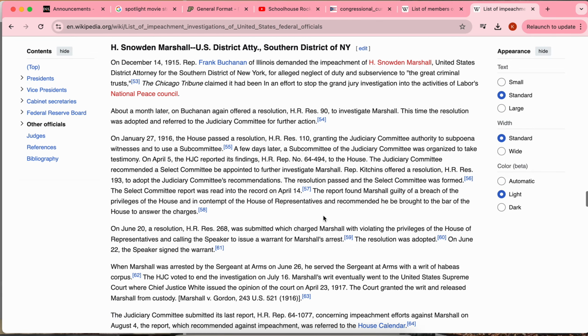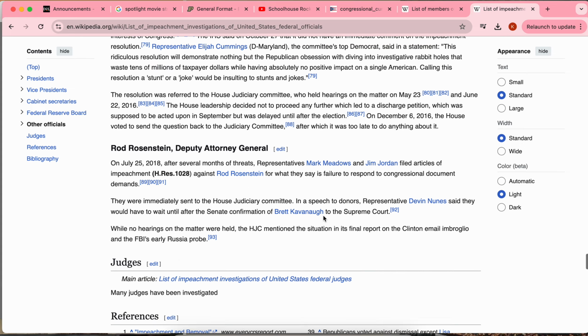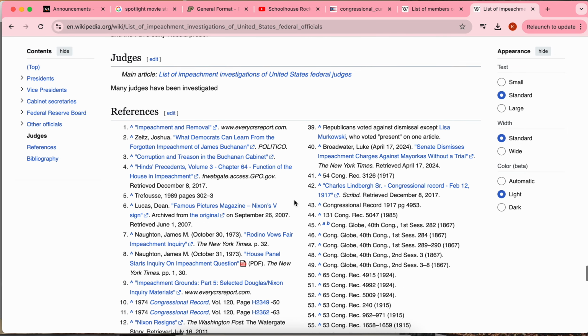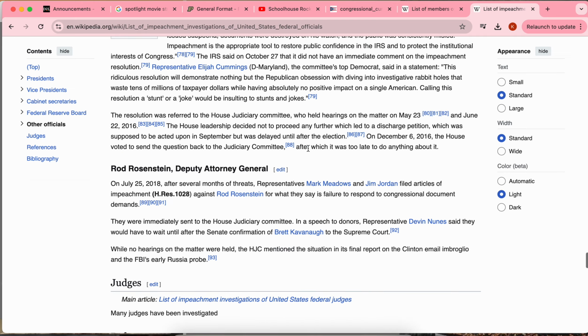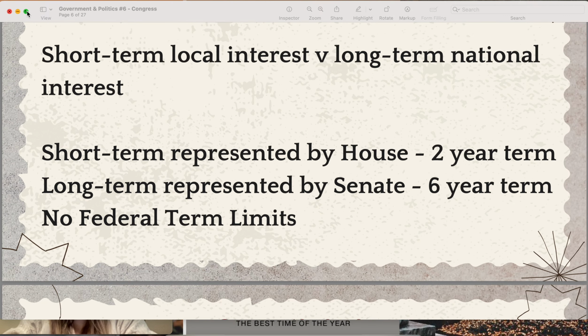Maybe you can't. Oh, right, you can't impeach Congress members. I'm sorry, this was a total brain closed off moment. We don't impeach Congress members, because we just vote them out. But Congress members can be removed from office.